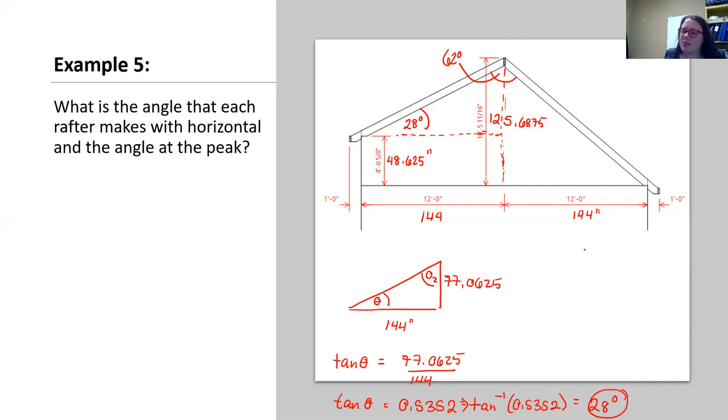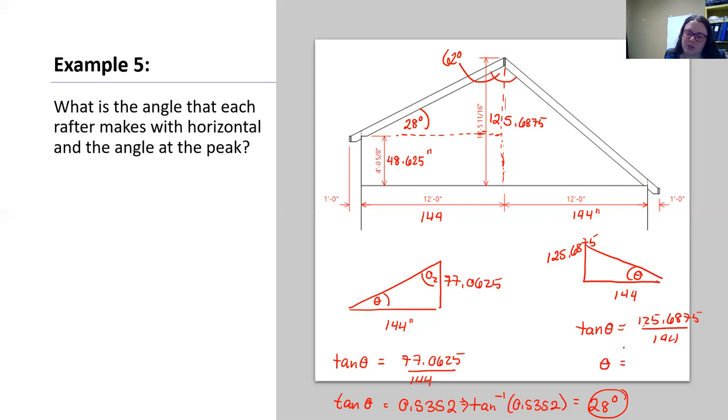Now let's calculate the other side. Again, we have 144 inches. And we have a height this time of 125.6875. Obviously, I haven't drawn it to scale. I'm just trying to squeeze it in. And I want to know what happens to be the angle at the base here. So the angle at the base on this side is going to be tan opposite, 125.6875 divided by 144.